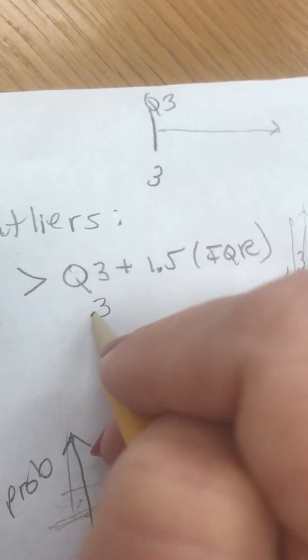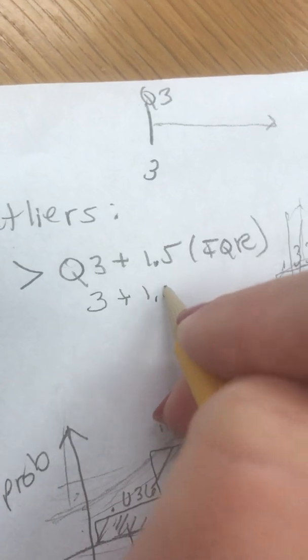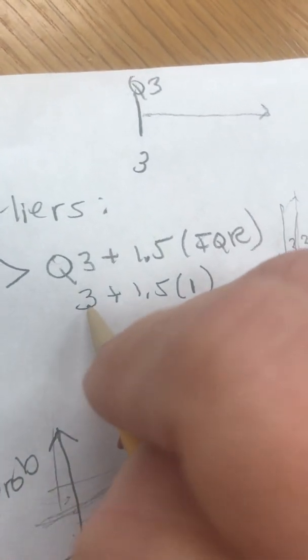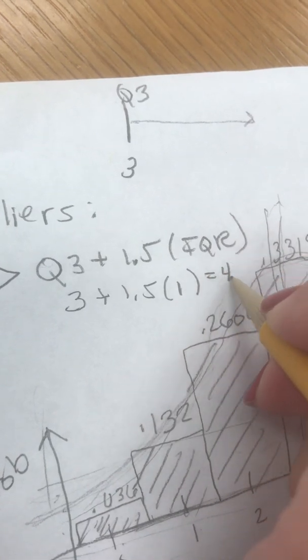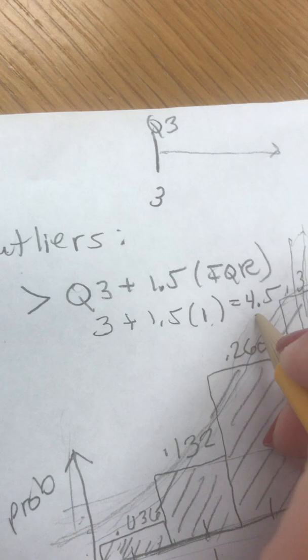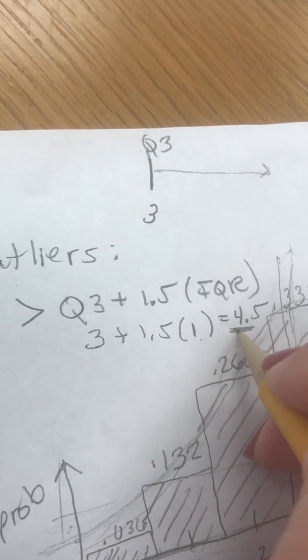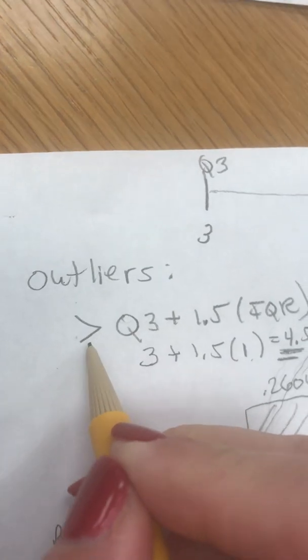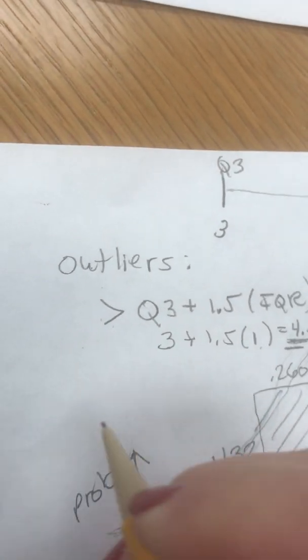Q3 was 3 quizzes, 1.5. The interquartile range was 1 quiz. So this is going to be anything greater than 4.5 quizzes out of 4 is going to be an outlier. Yes, since there are only 4 quizzes, you can't pass more than 4 quizzes. So no significantly high outliers.